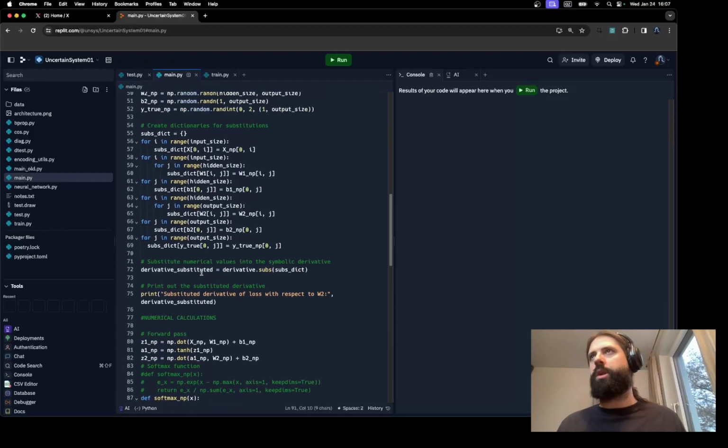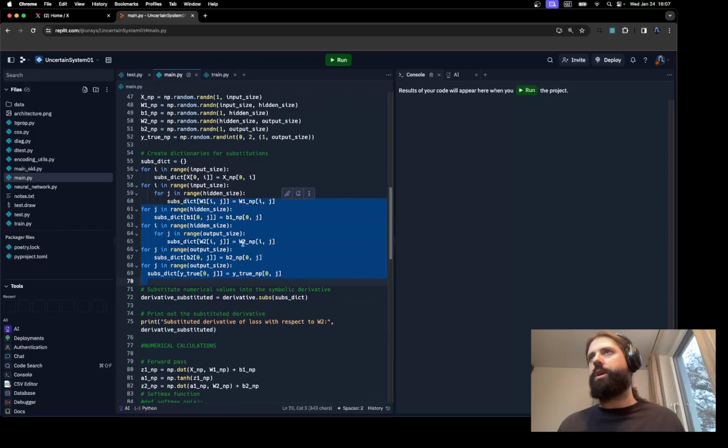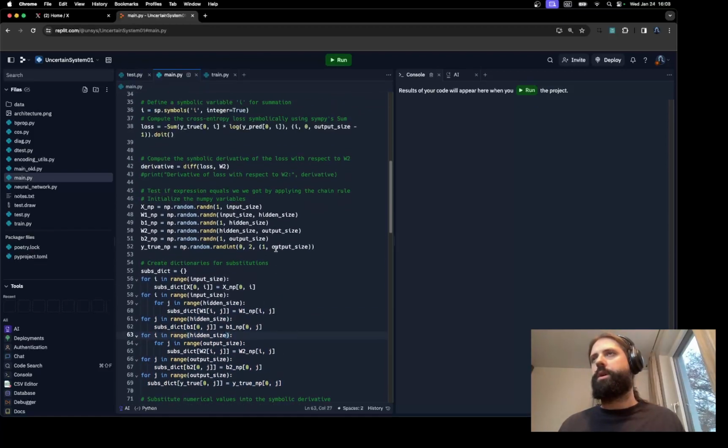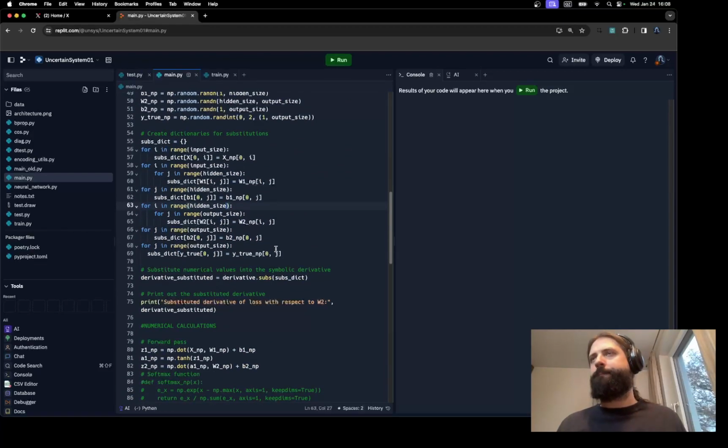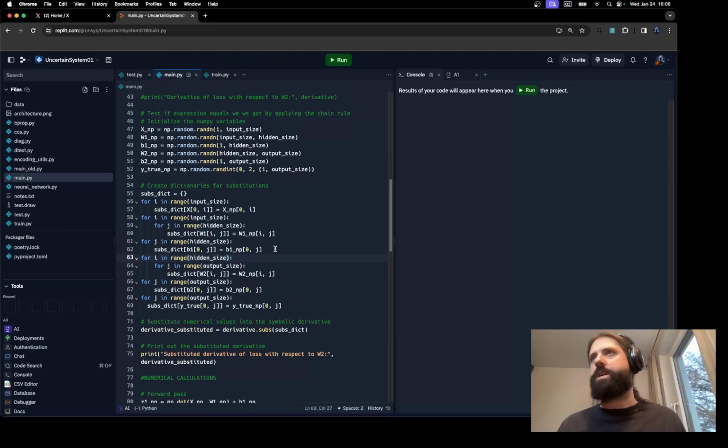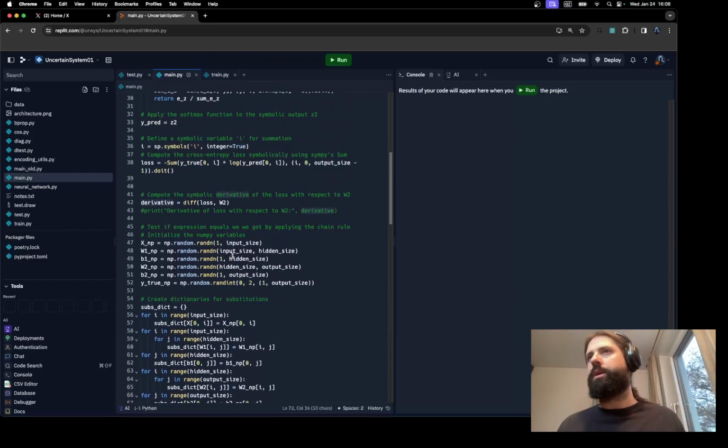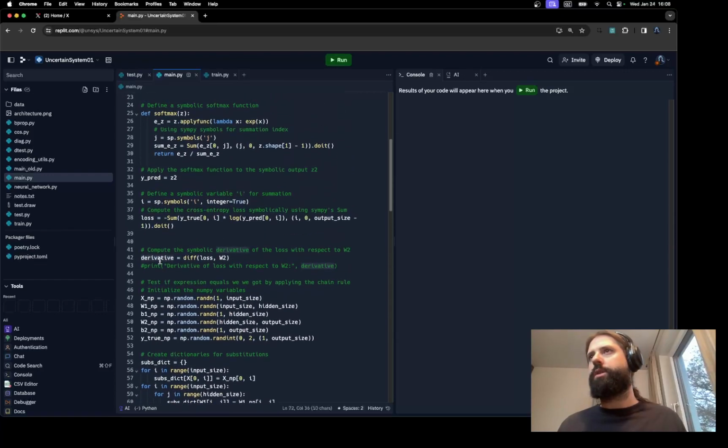Because the problem is here we've got the substitution directly on the derivative. Where's the derivative, by the way? Here, W2 loss. Would it work if we would just use y pred?